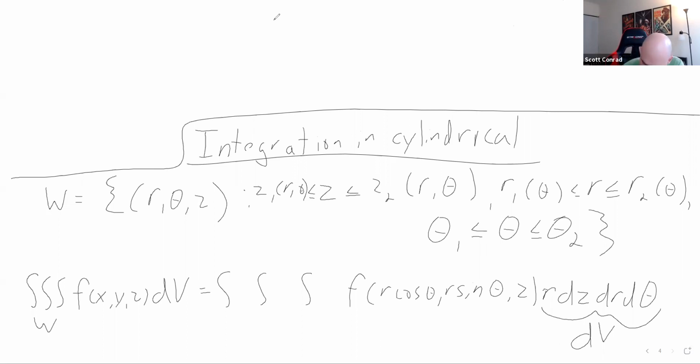And then, of course, z goes from z1 of r theta up to z2 of r theta. R goes from r1 of theta, usually just a number, up to r2 of theta, usually just a number. And theta goes from theta 1 to theta 2.